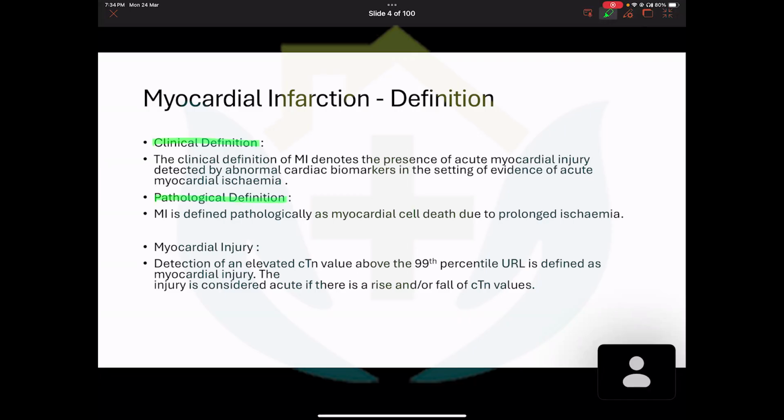The clinical aspect states that there should be the presence of acute myocardial injury, which we understand by abnormal cardiac biomarkers. And the pathological definition is that there will be myocardial cell death as a result of prolonged ischemia. This rise in abnormal cardiac biomarkers is defined as an elevated cardiac troponin value above the 99th percentile of the upper range of normal limits.